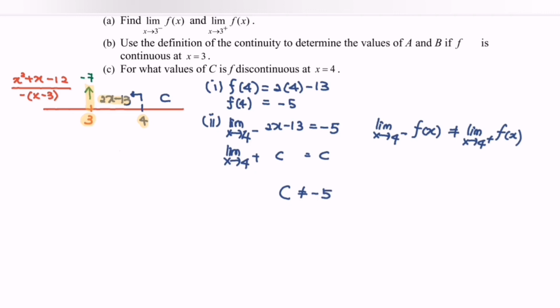So that will be the answer. If the value of c is negative 5, then f is continuous at x equal to 4. So here we are, and thanks for watching.